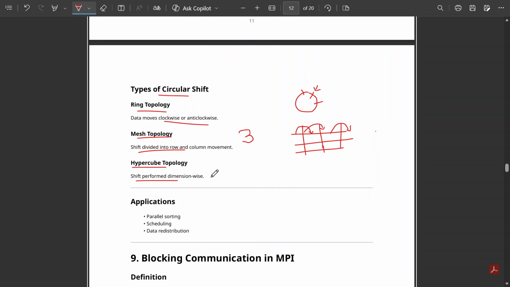So dimension-wise, we can understand that with an example.